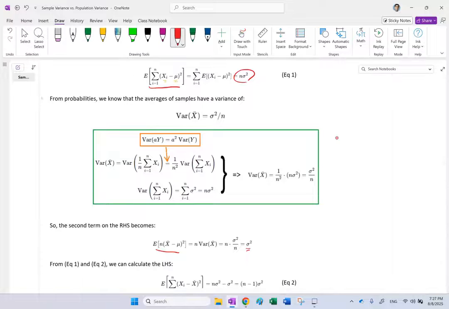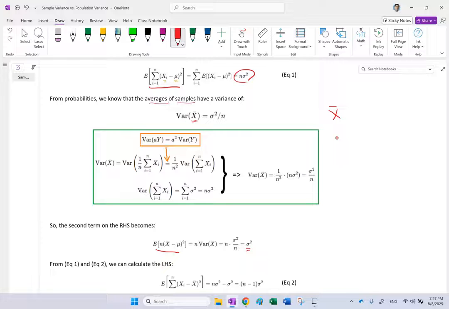If I look at the averages of the samples that I take, where the average of each sample is shown by x bar, and x bar is defined as a variable itself, so you take one sample and take the average of it, you take another sample and take the average, and so on.